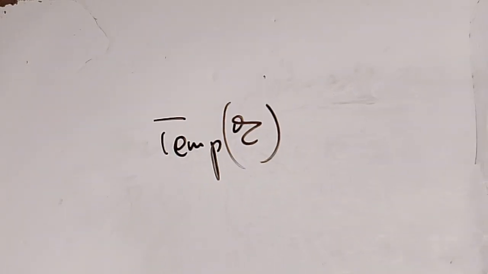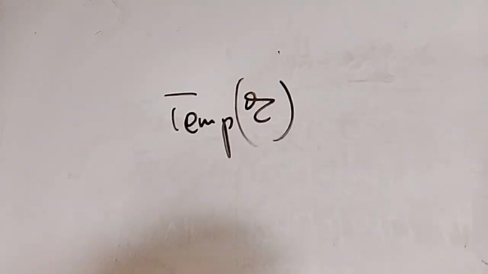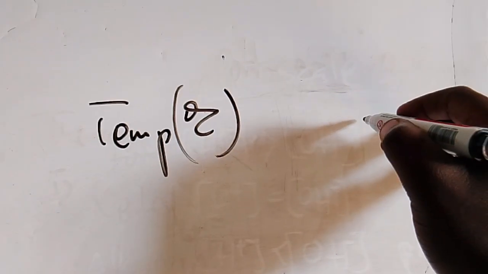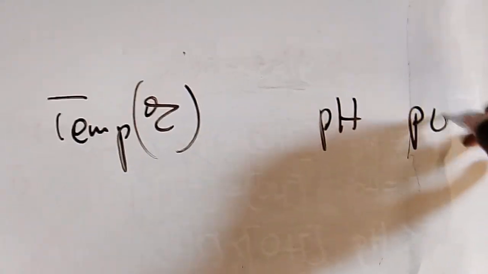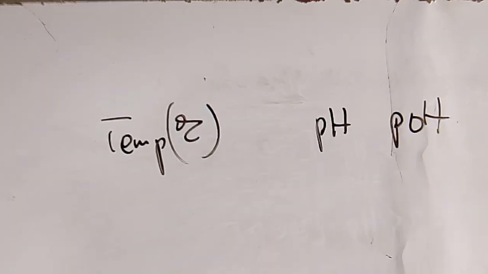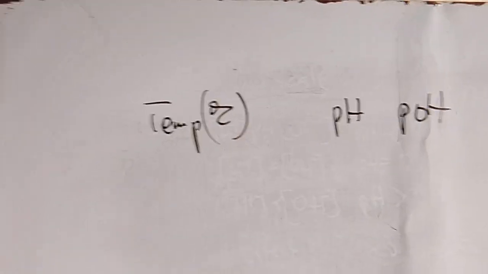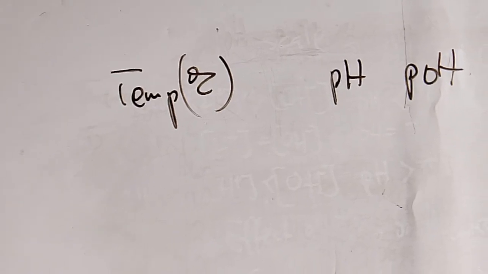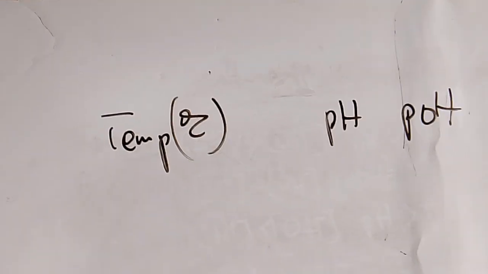then we know that Kw changes with temperature, we have done that already, so we are not going to include the part for Kw. Let's just look at pH and pOH. We already know the effect of temperature on Kw. It increases as the temperature increases.